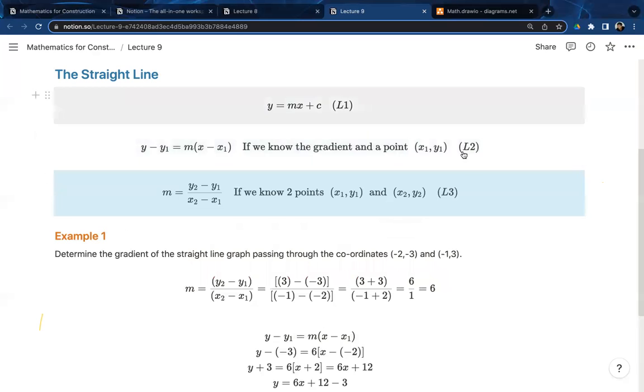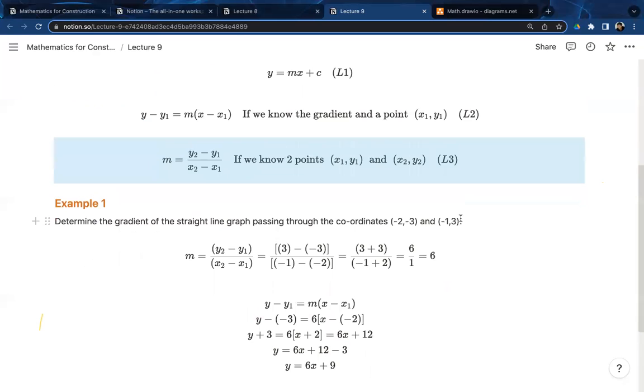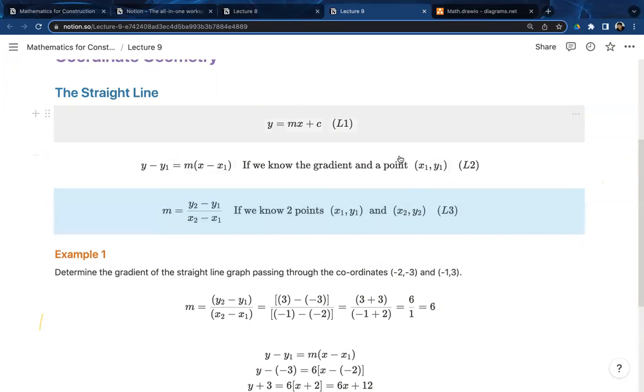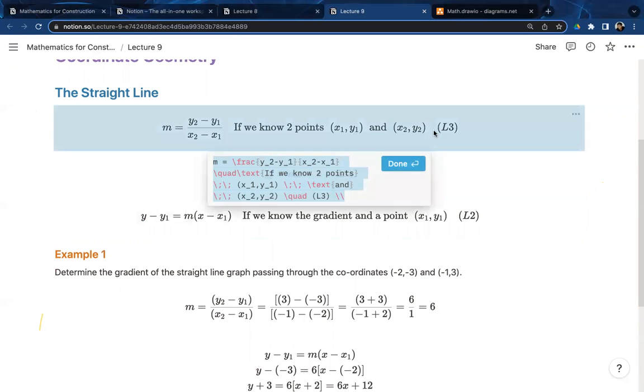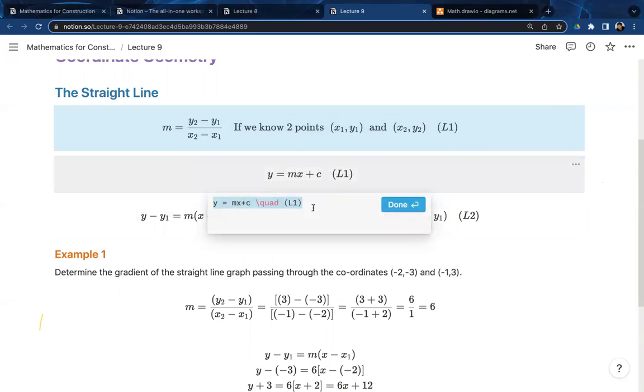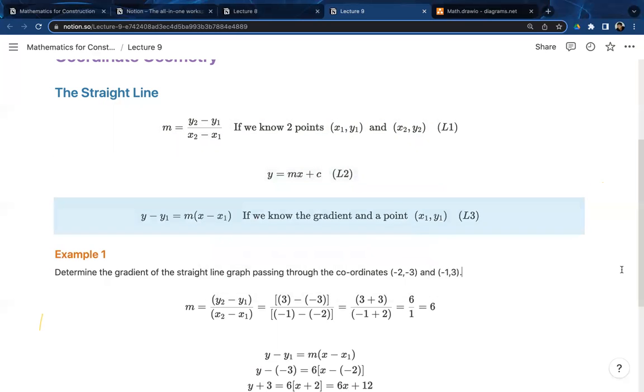You know, we could label our formulas and we could say what to use when, right? If you're given two coordinates and asked for the equation of a line, you have to use either L1 or L2, but you have to use L3. In fact, I'm gonna make this the first formula. This is a more fundamental formula. This looks like L1. This looks like L2. This looks like L3.